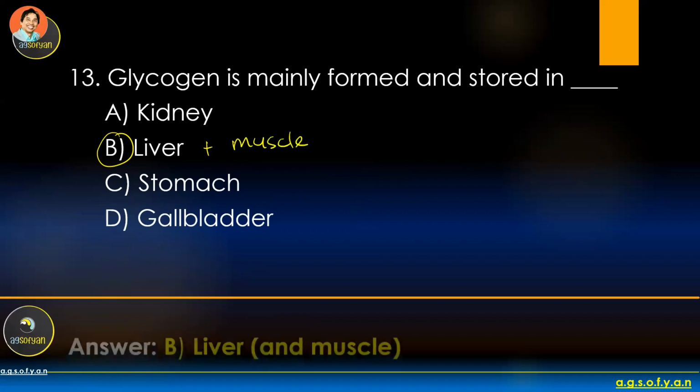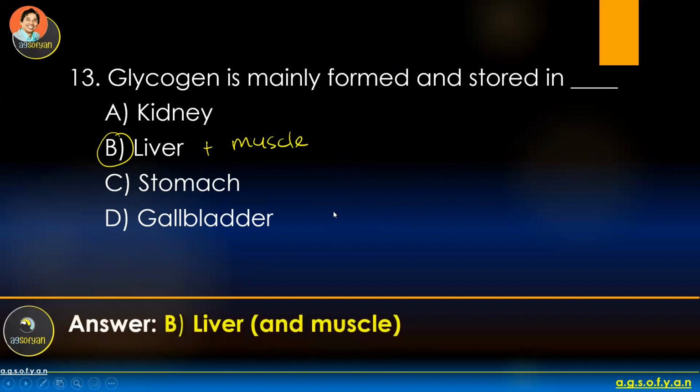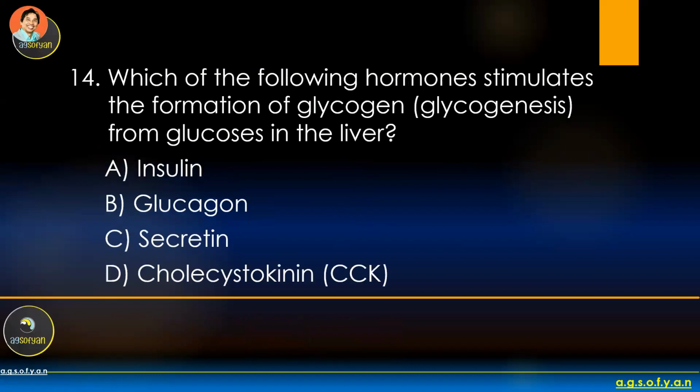So liver and muscle. Which of the following hormones stimulates the formation of glycogen, or glycogenesis, from glucose in the liver? A, B, C, or D?